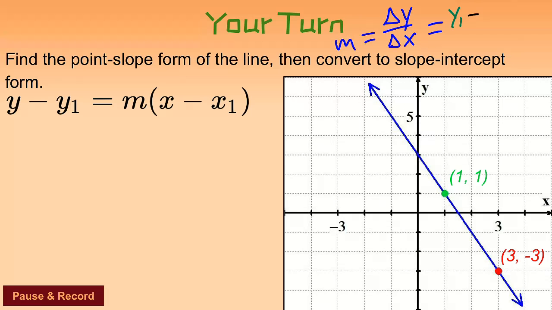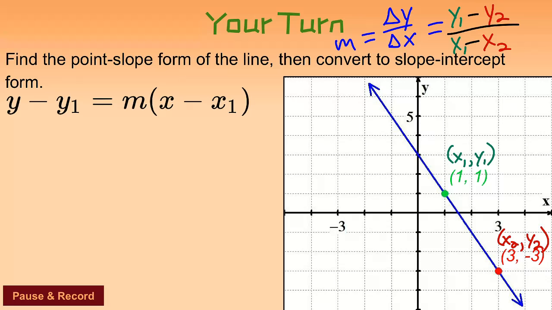So y1 minus y2 over x1 minus x2. So that means that this point is our x1, y1 point, and this point is our x2, y2 point.